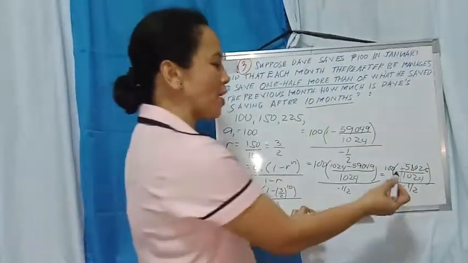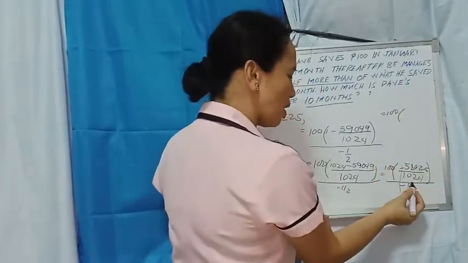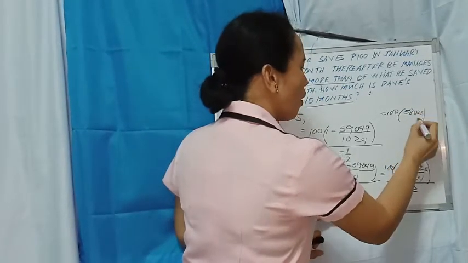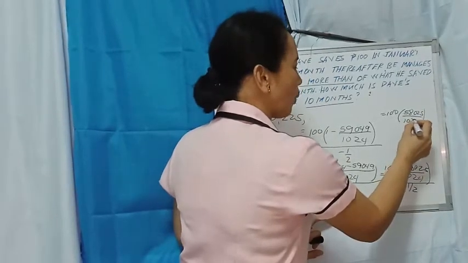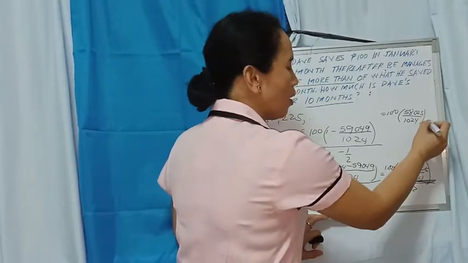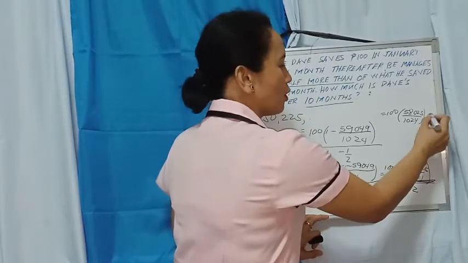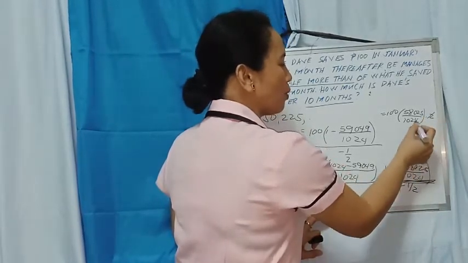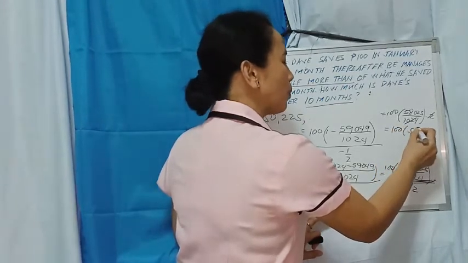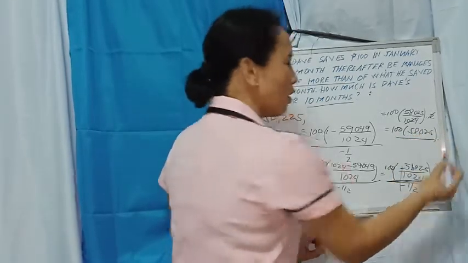And then we have here 100 times the quantity 58,025 over 1,024. Then again, division will become multiplication. And then the reciprocal of 1/2 is 2. Then we can cancel 2 and 1,024. So the answer is 100 times 58,025 all over, okay, 1,024 divided by 2, the answer is 512.